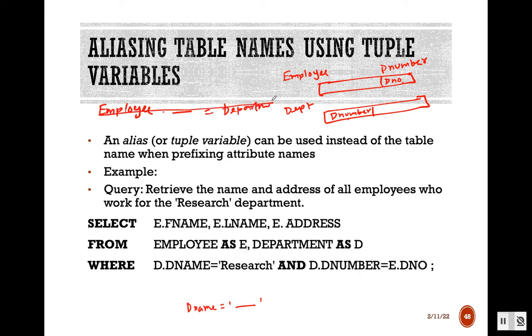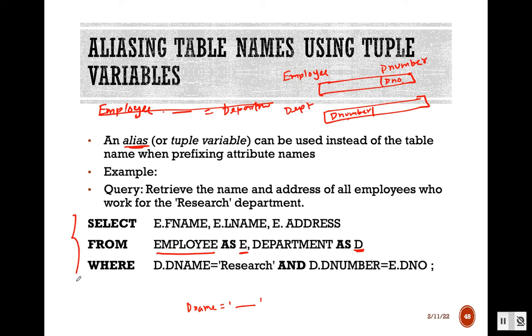So another solution is that we can create an alias for a table. With the same example, I want to retrieve the name and address of all employees who work for the research department. When I choose a table name, I can give a temporary alias for that table, for example employee as E, department as D.